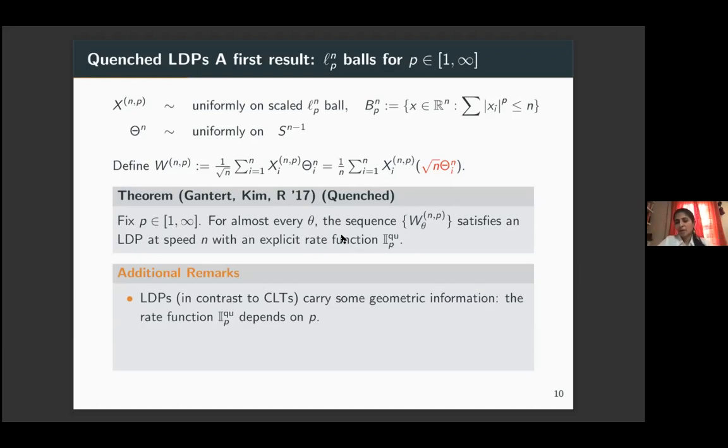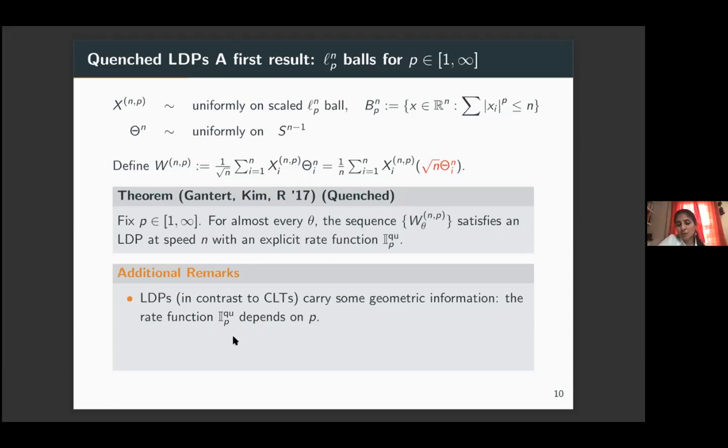All I need for this to hold is just that the marginals are uniform on the sphere. And even if you want to choose something else other than uniform, under a certain condition, you can also get a quenched rate function, but I won't go there for now. If somebody wants to ask me about that, I can tell you. But for now, we're just doing uniform on the sphere since that's the most natural.